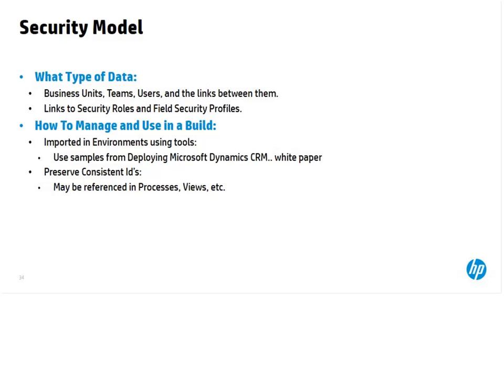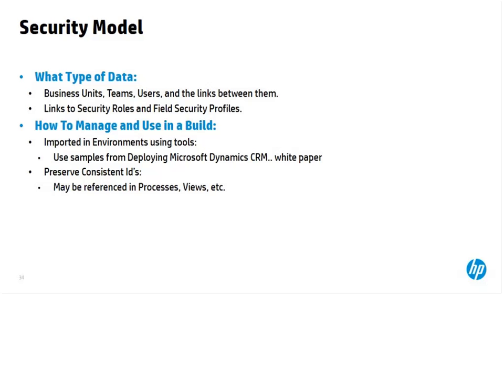If you are automating the import of those records, one of the key things that you can do is to preserve consistent IDs of business units and teams, especially. Also, sometimes there are system users, service accounts or core users as opposed to just regular users, where that may be referenced in processes, in views, notifications, etc.